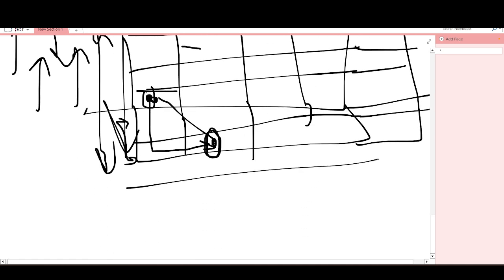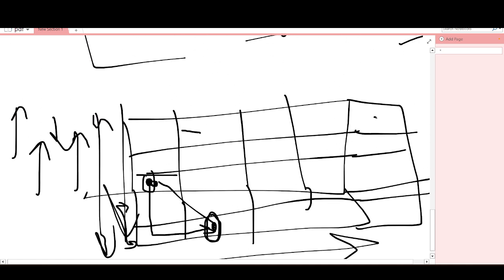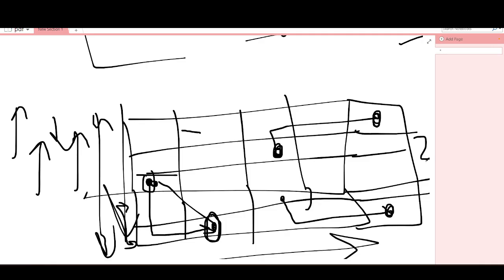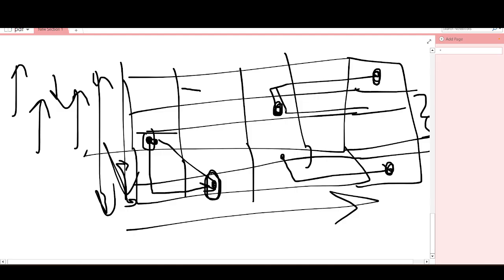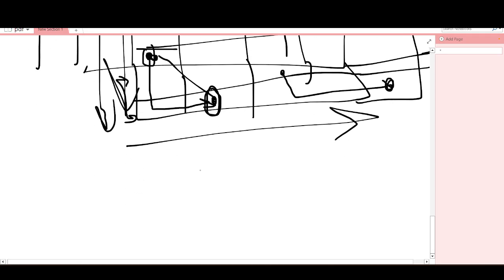Now about the horizontal direction, it's the same case. For example, if a knight is placed here, then it will attack in this block only, and if a knight is placed here, then it can attack in this block only. The rest k minus 2 positions will again have two options to attack, here and here. So let me now write it down.